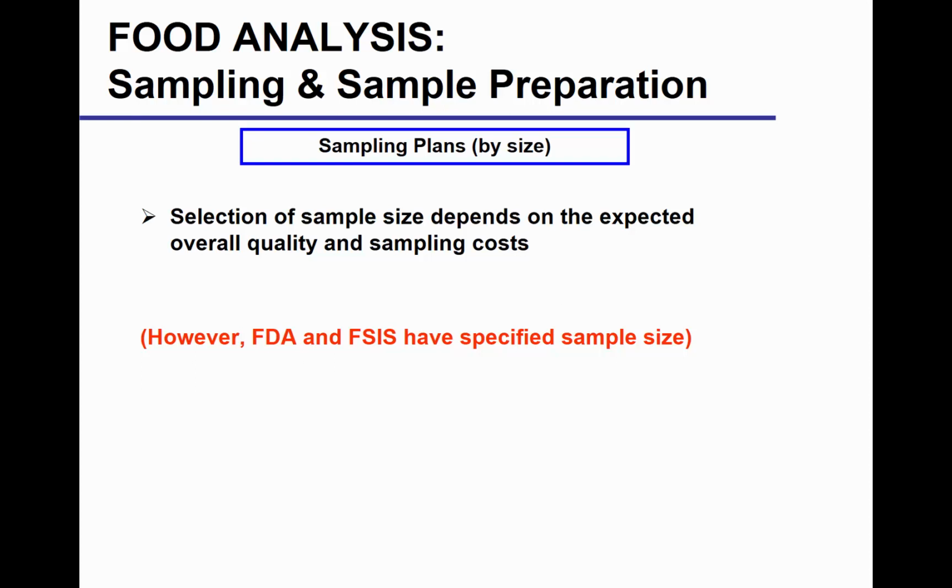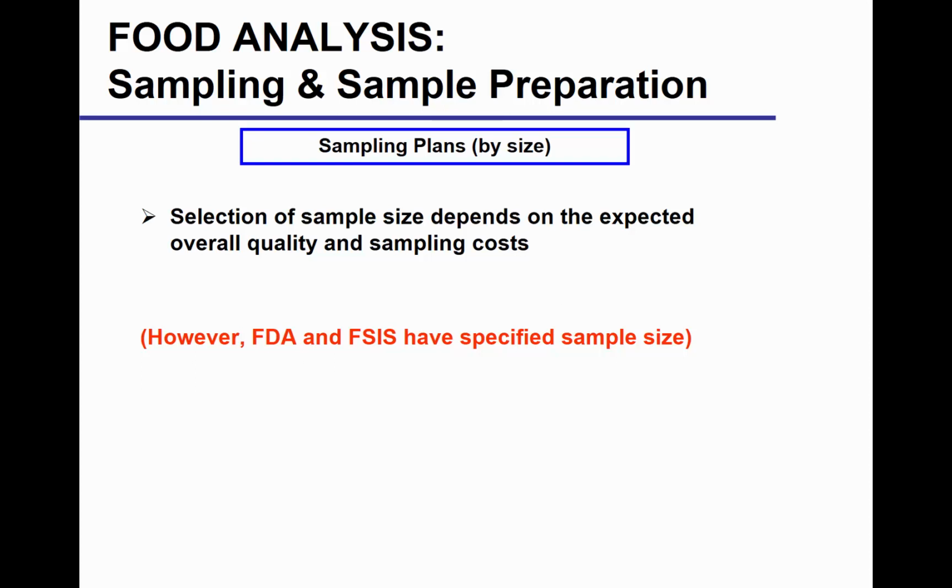So selection of sample size depends on so many factors, oftentimes overall quality and sampling cost, but in some cases you are bound by regulation, especially for nutrition label. So if it is for nutritional label, FDA and FSIS have regulations, and these regulations stipulate that you need at least 12 samples.